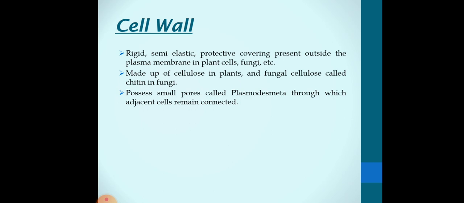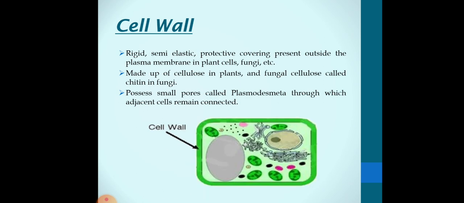So cell wall is an additional external covering of the cell, and it is quite tough, rigid, thick, and it is found in plant cells and fungi only. The cell wall is made up of cellulose in case of plants and a cellulose called chitin in case of fungi. The cell wall contains small pores, that means small holes called plasmodesmata, through which adjacent cells remain connected.